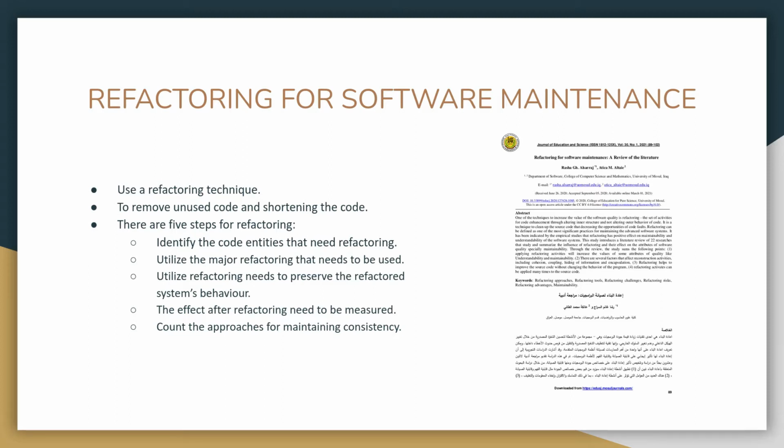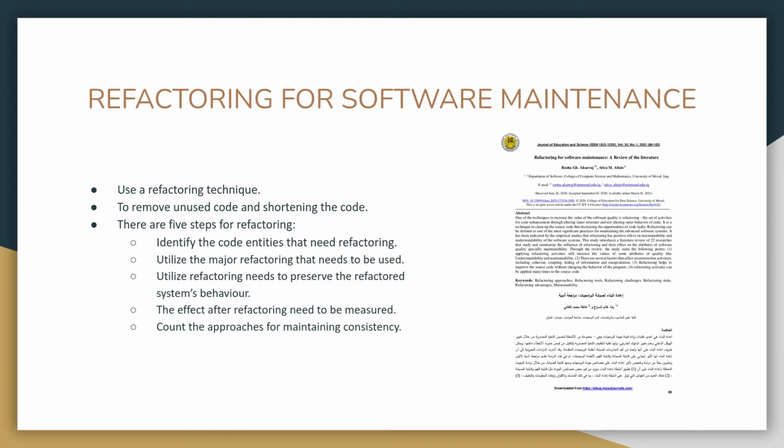There are 2 ways to detect which code entities need to be refactored, which are anti-patterns and code smells. But the anti-pattern is not a good practice if the software is using a recurring design.